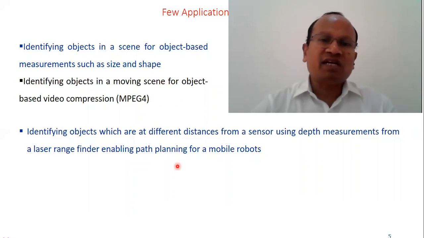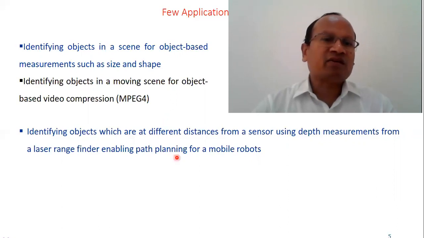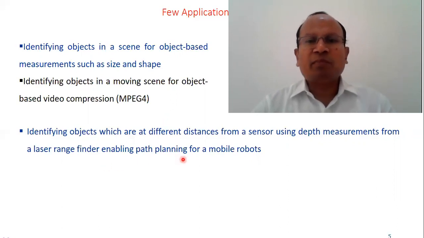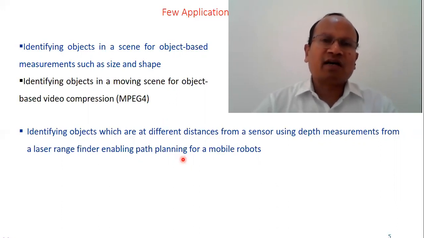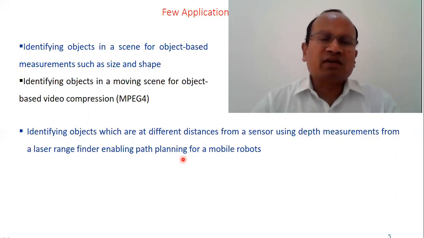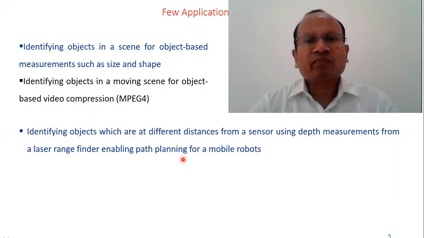Identifying objects which are at different distances from the sensor using depth measurements or a laser range finder, enabling path planning for a mobile robot. I was telling you in the beginning, mobile robot, driverless car, where it has to differentiate between the obstacles, other vehicles, other mobile robots which are moving on the way.